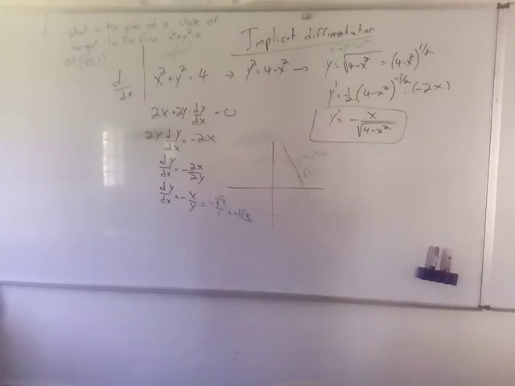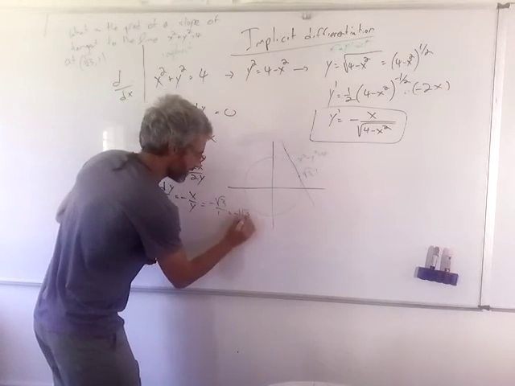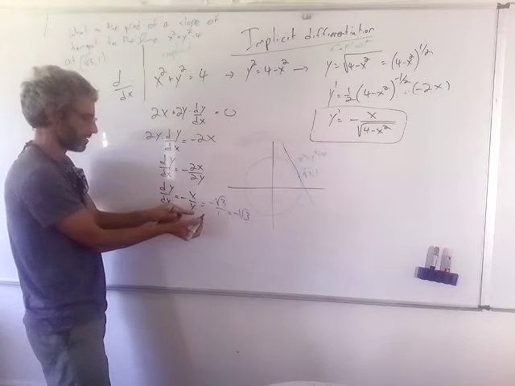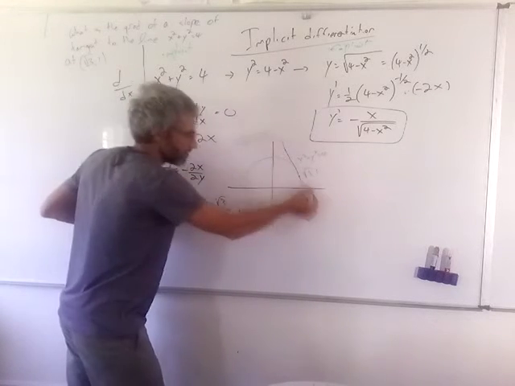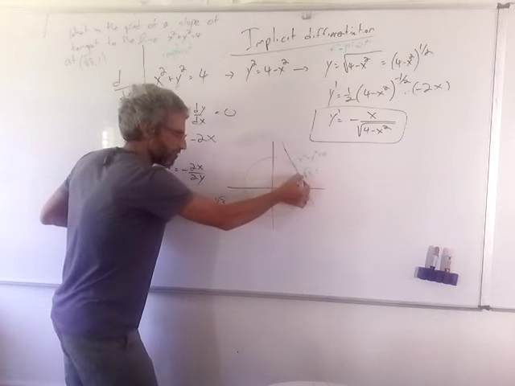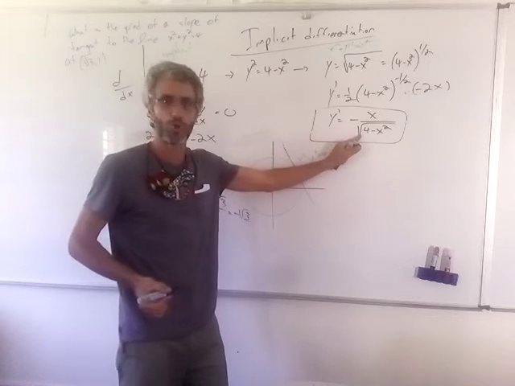I just want to show you, to close here, that this value, minus square root 3, which is the value of the gradient of the tangent to this curve, is the same thing you'll get if you go this way.